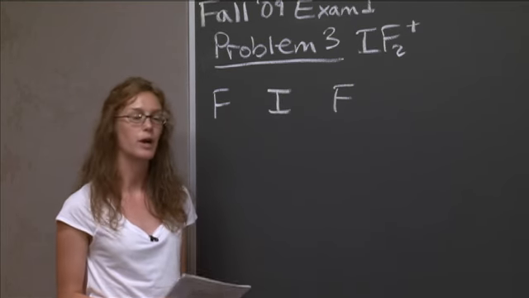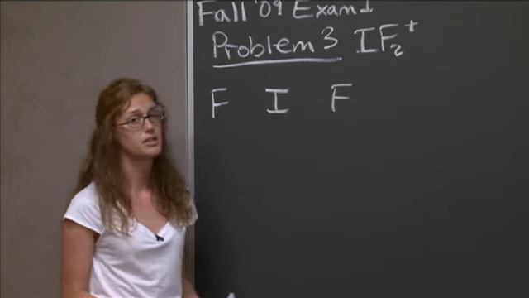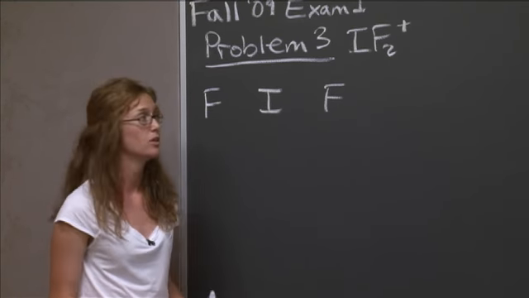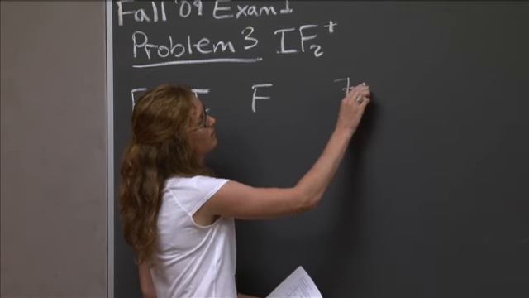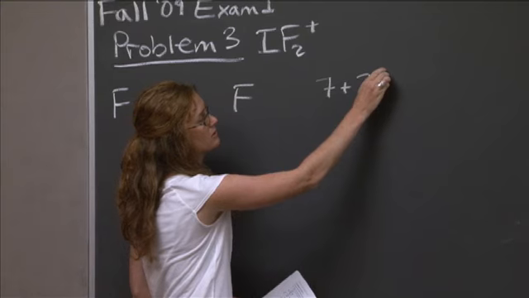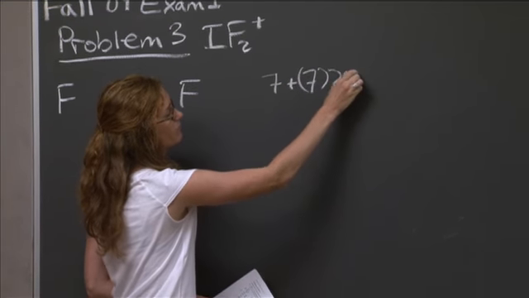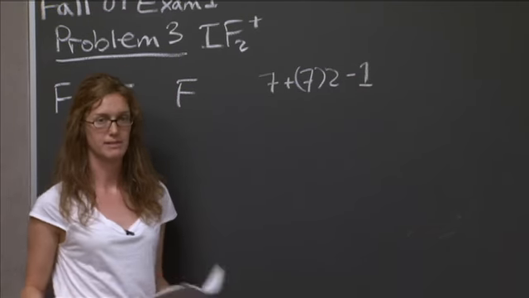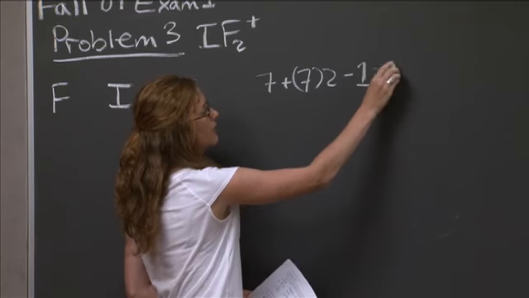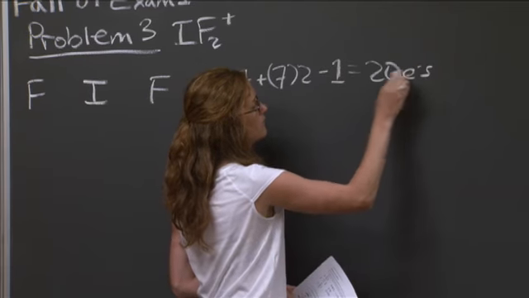It's not too important right now. Next, we need to know how many electrons we have. Iodine has 7 valence electrons. Fluorine has 7 valence electrons. And we have a positive charge, so we know we're missing 1. And that gives us 20 electrons.